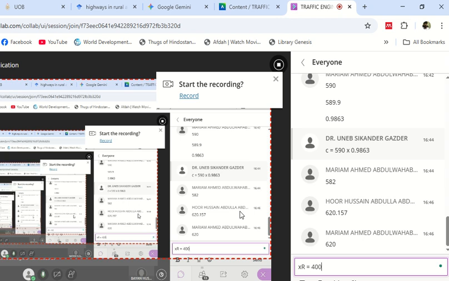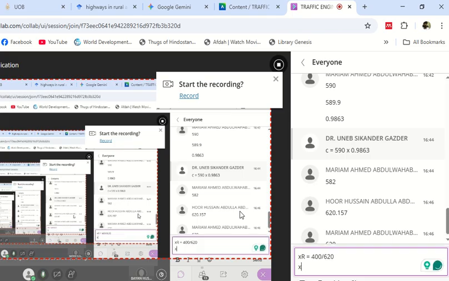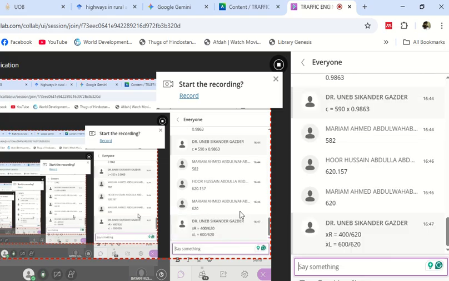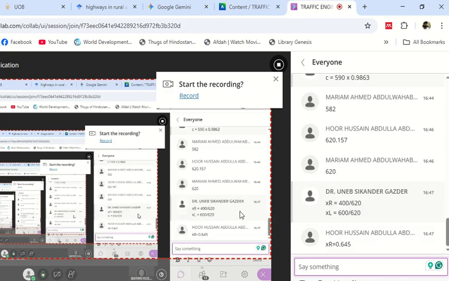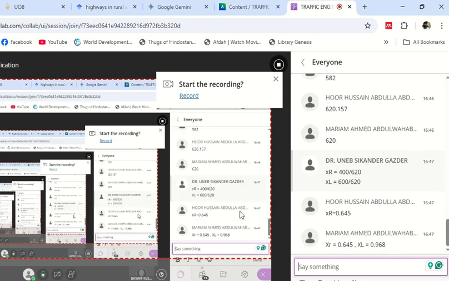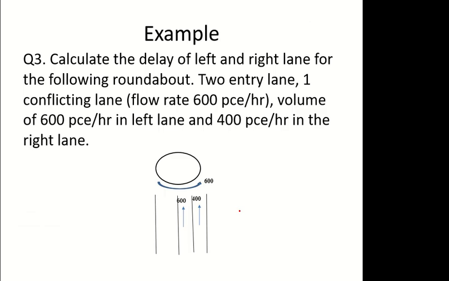For the right it will be 400 divided by 620, and for the left it will be 600 divided by 620. So how much are these values? Okay, good. So now moving on to this big equation.